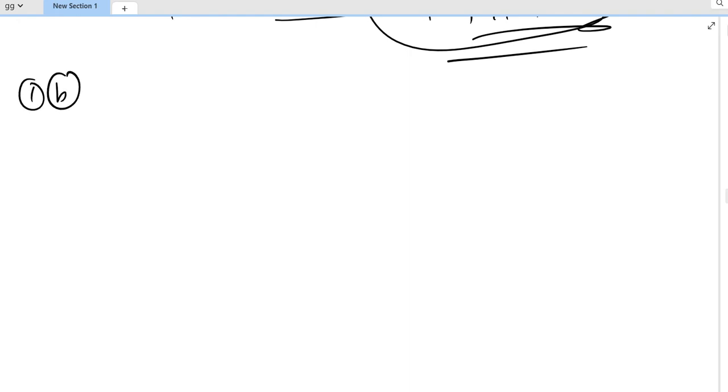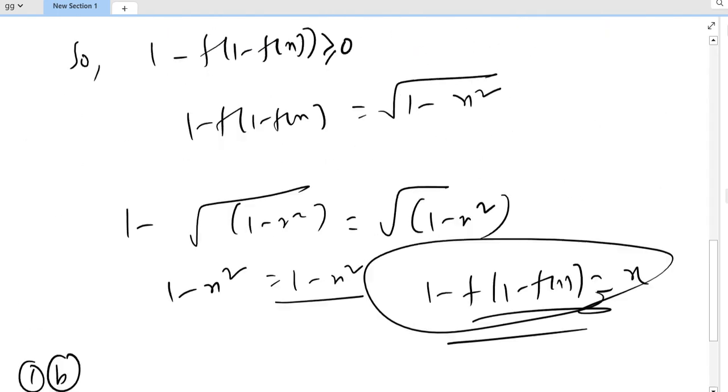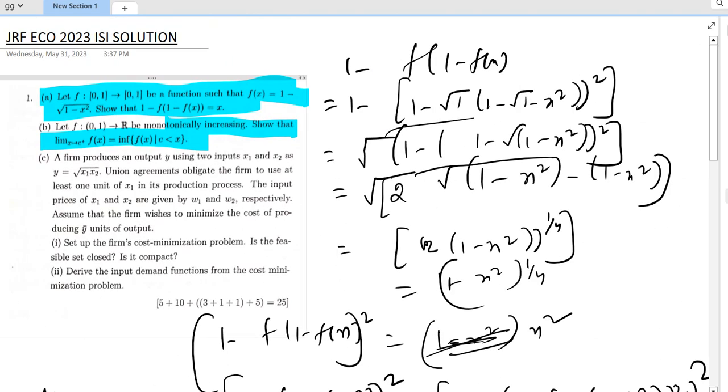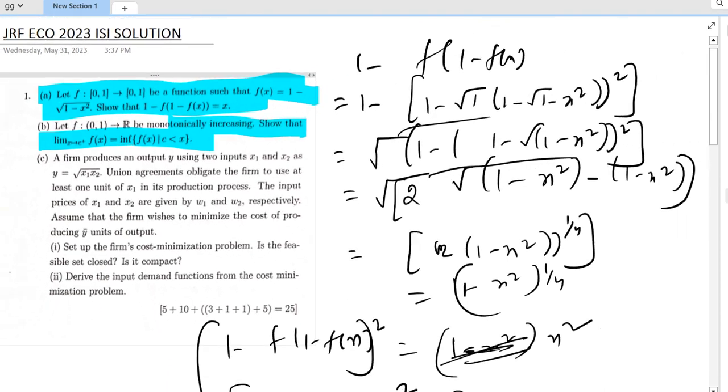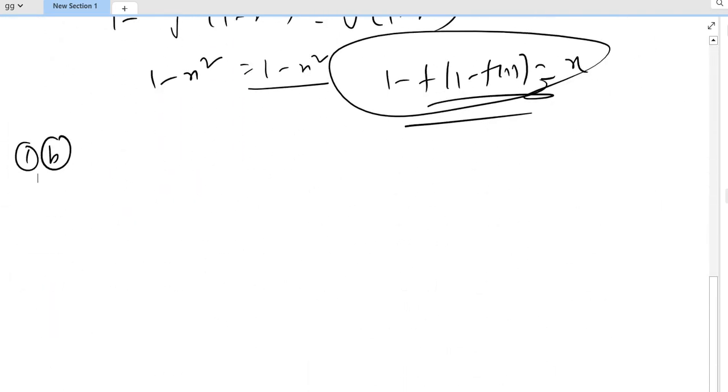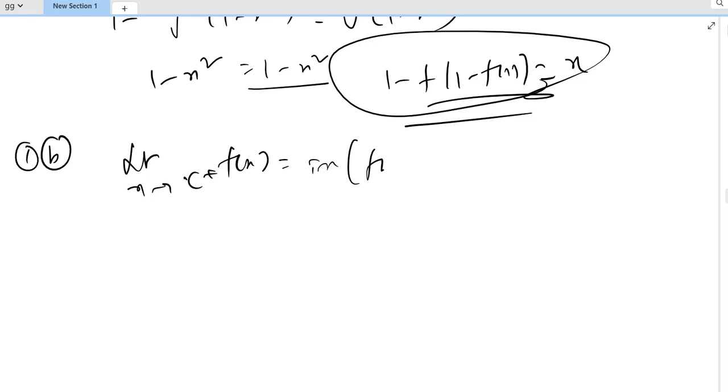In this solution, to show this limit value, so what is the value? The limit as x tends to c plus of f(x), and the infimum of f(x) for c less than x.